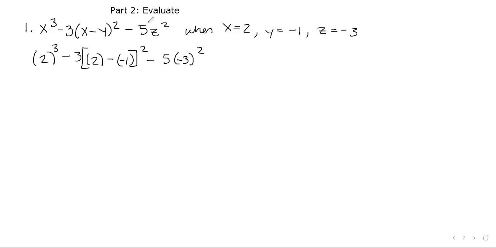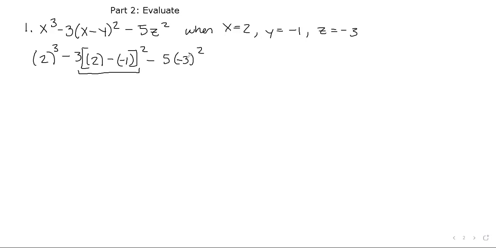So from this point with our evaluating, we are going to follow the order of operations, okay? So according to the order of operations, if you think about PEMDAS, the first thing is parentheses, brackets, or groups, okay? So that means that this operation that's happening inside of these brackets, we're going to do this first.